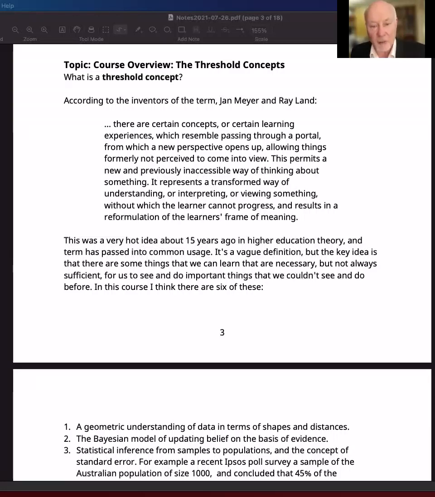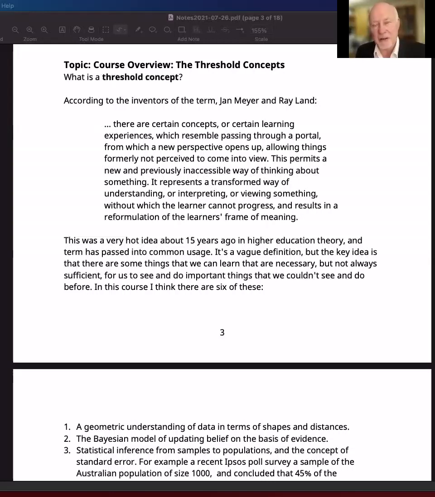I remember buying the book that they published back then that introduced those ideas, and everyone was very excited about it at the time. These days, I'm slightly skeptical about the detail of this concept and how it's developed, but I think it's a useful way of understanding something about the process of learning.